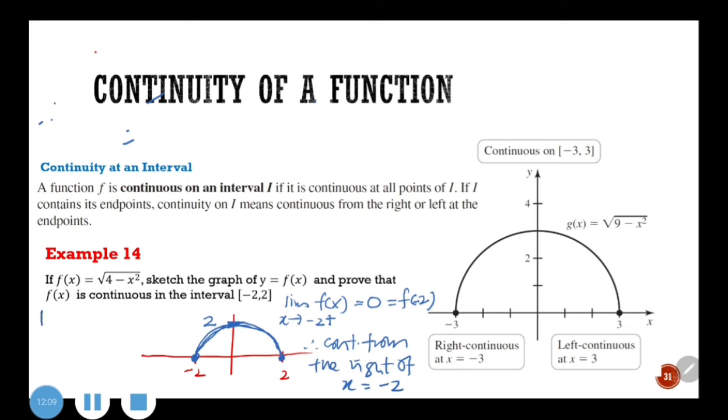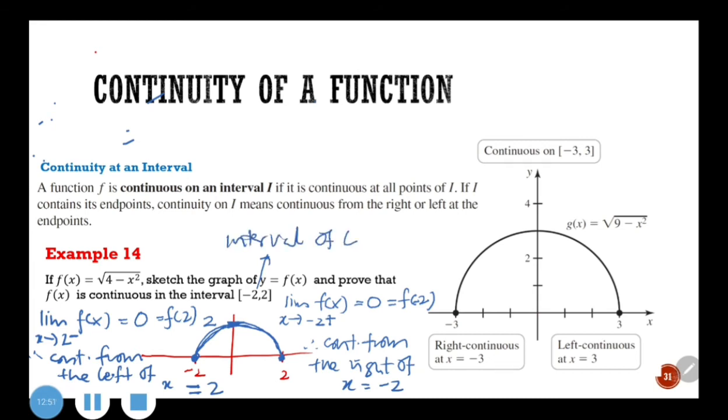And then another one, you show that limit fx as x approaching 2 from the left is equals to apa? 0 as well, which is equals to f2. So meaning that is continuous from the left of x equals to 2.